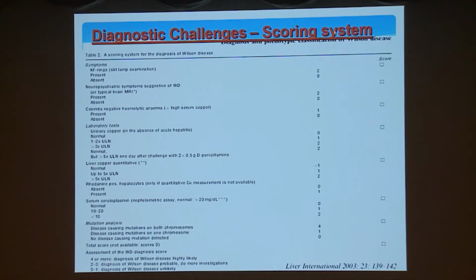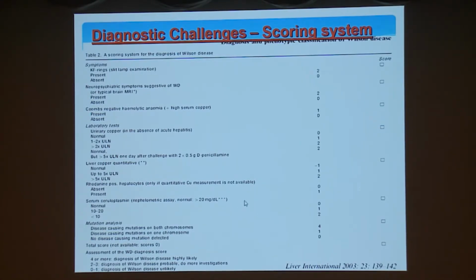So the last diagnostic challenge is the use of the scoring system. I don't know how your own experience is on using this set of data, but they have the symptoms covering CNS problems, hemolytic anemia, laboratory tests on copper, liver copper, and the stains or plasma mutation analysis. I think unless you have a very extensive workup on your patients, you should involve all, or your patient presents full-blown to you.